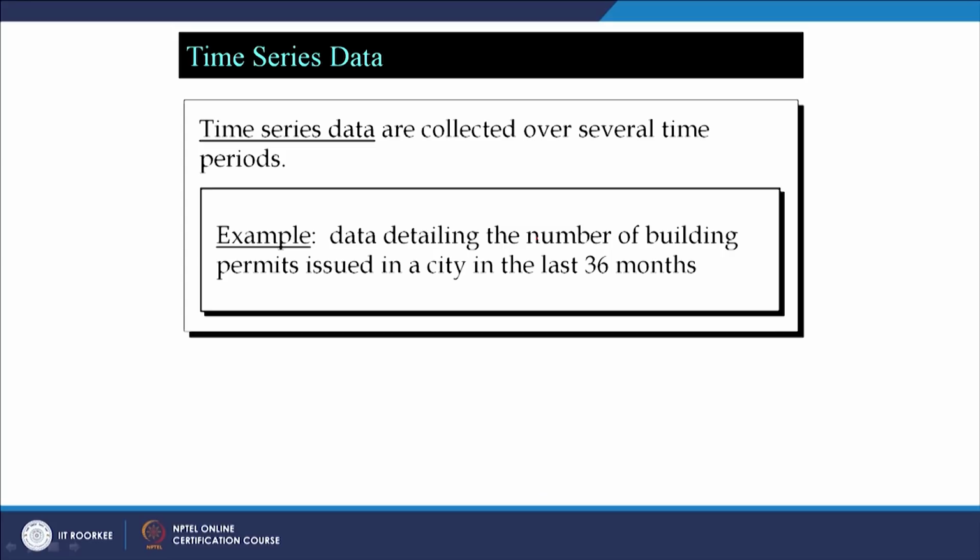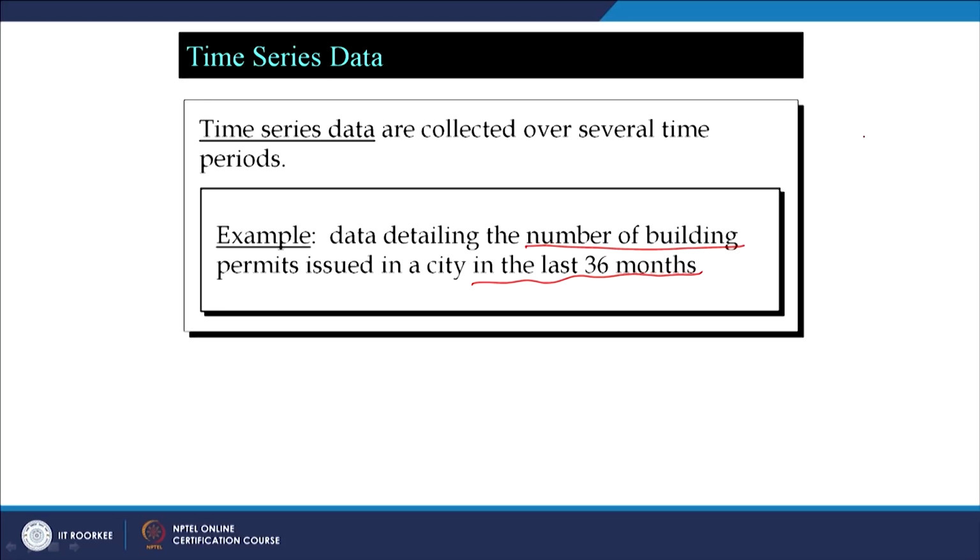But if you collect these data after, let us say, every 10 years, if you have got data from all districts after every 10 years, then it becomes time series data, right. So, data collected over a period of time are time series data rather than cross sectional data. Let us say data detailing the number of building permits issued in a city in the last 36 months.